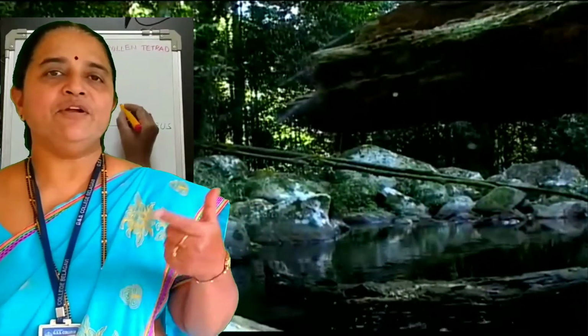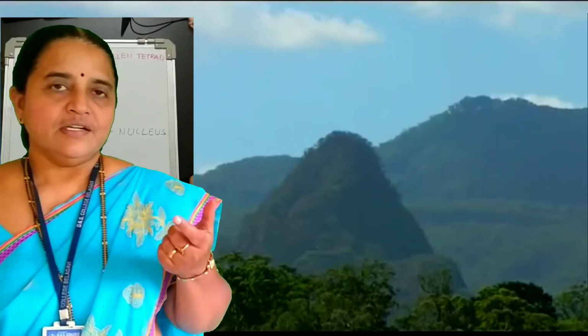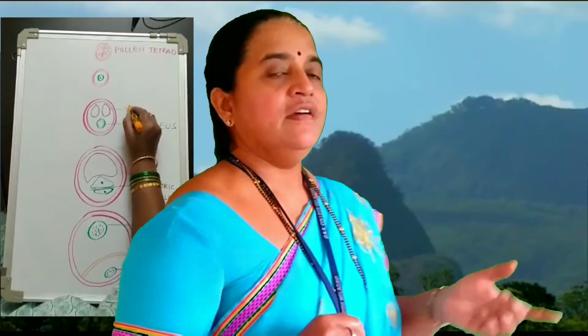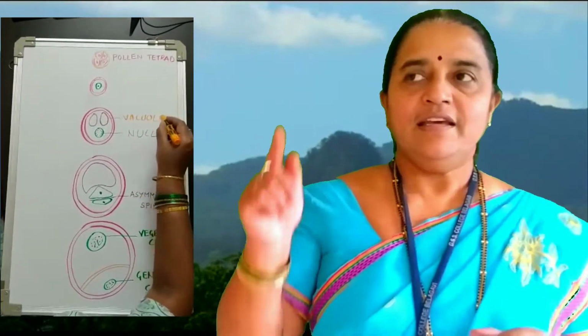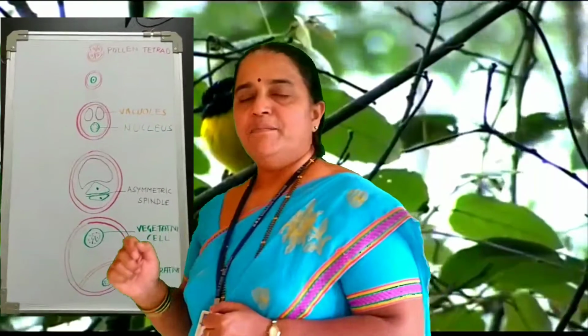So a mature pollen grain represents a microspore. It is a male gametophyte having two layers. The outer exine is made up of sporopollenin, and the inner layer is the intine, made up of cellulose and pectin.